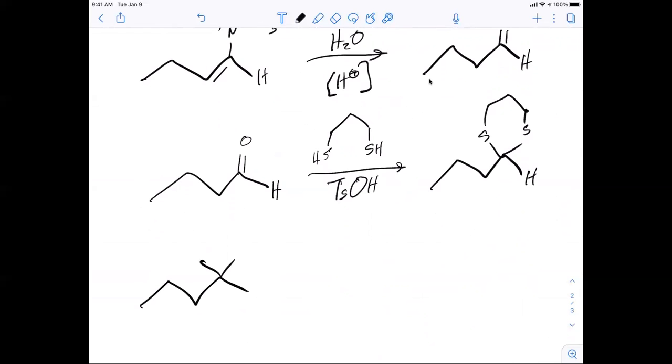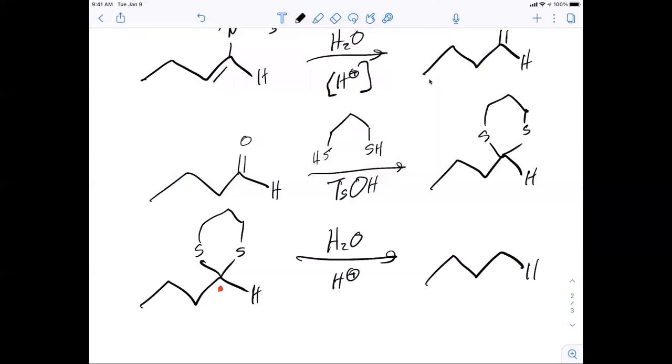So if I look at this one backwards, where I want to focus, right, is that position right there. That's going to be the position that if I took this with water and some acid, and toluene sulfonic acid works fine, I'm going to get the carbonyl, okay?